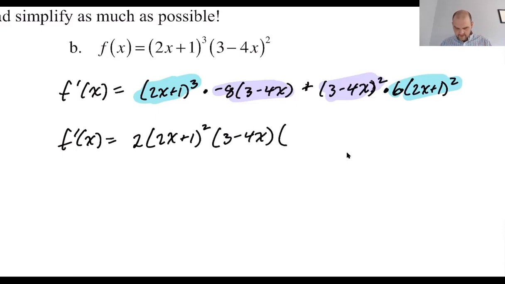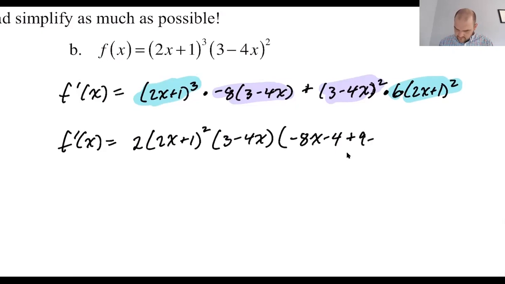All right, what are we left with? A negative 4 and a 2x plus 1, so negative 8x minus 4. And then on the second thing, we're left with 3, and then 3 minus 4x, so plus 9 minus 12x.